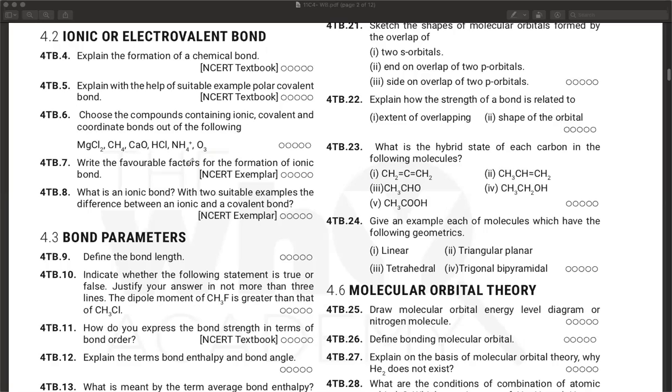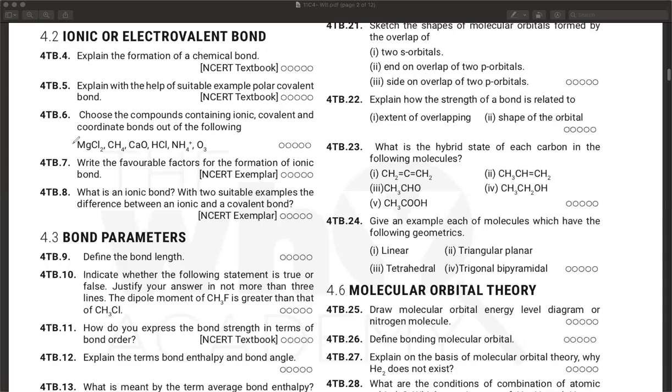What are the favorable factors for the formation of ionic bond? We discussed this a day or two ago. You'll have to answer in terms of the relevant energy values. Low ionization enthalpy and high electron gain enthalpy.